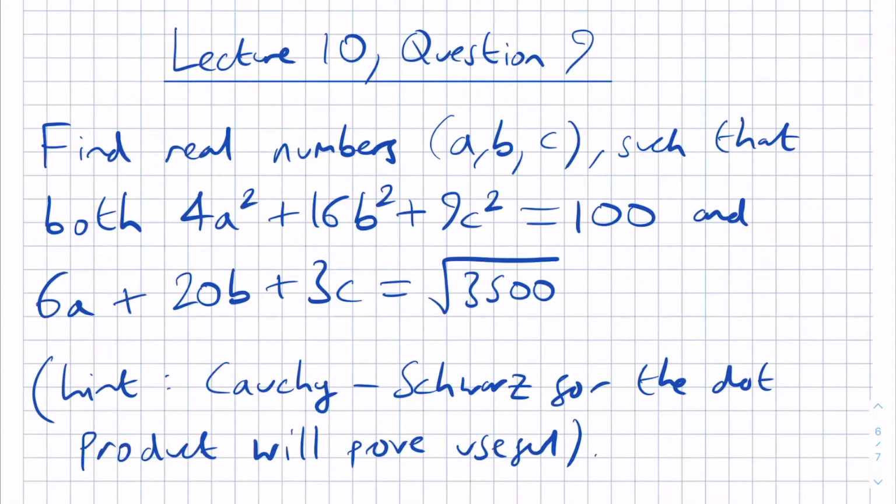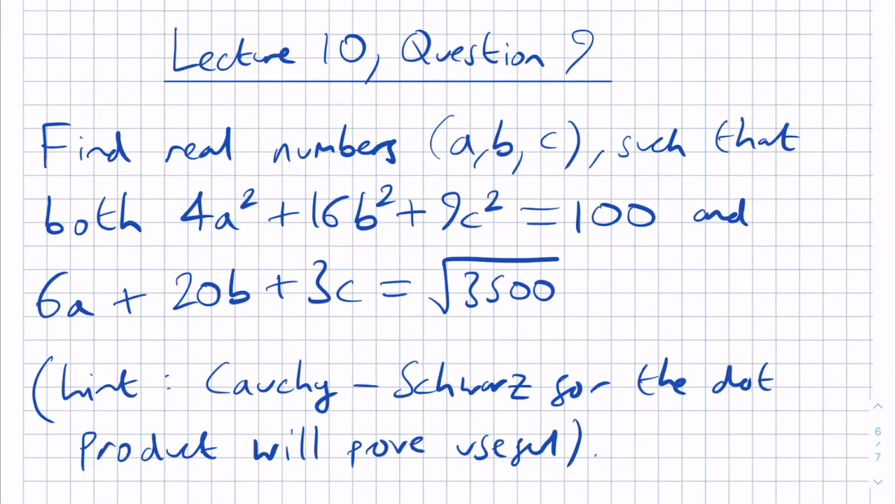The question says, find real numbers a, b, and c such that both of the equations 4a squared plus 16b squared plus 9c squared equals 100 and 6a plus 20b plus 3c is equal to the square root of 3,500.